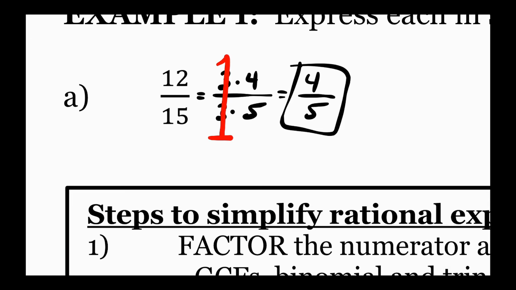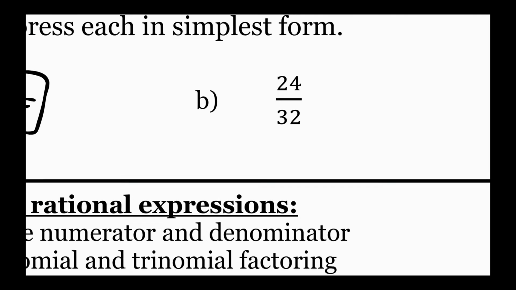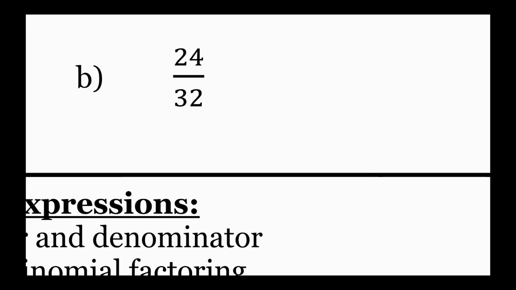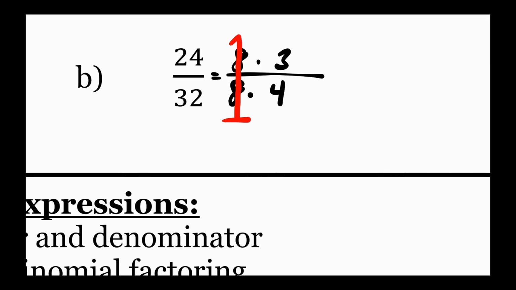Okay. So let's do the second one. 8 is the biggest number, right? So 8 and 8. So to make 24, 8 times what? 3. And to make 32, it's 8 times 4. So I see that they both have 8s, right? So anything divided by itself makes a 1.